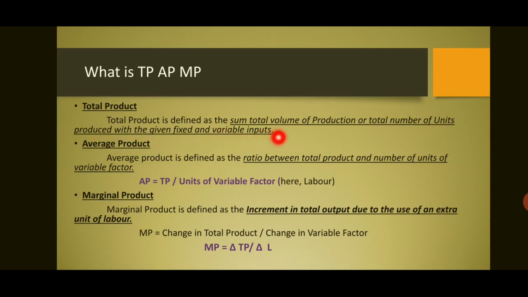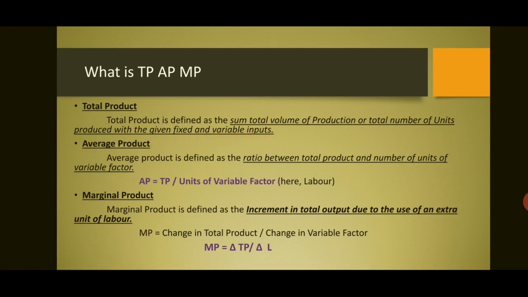Here in this example, we have used a fixed land and variable labors. So total product is some total volume of production with fixed and variable inputs.